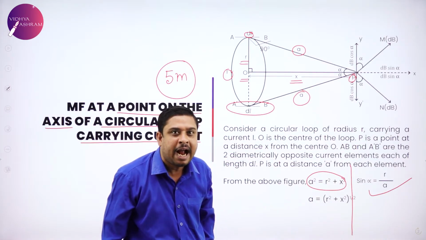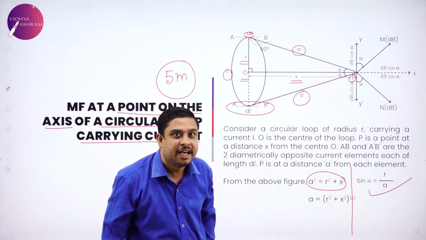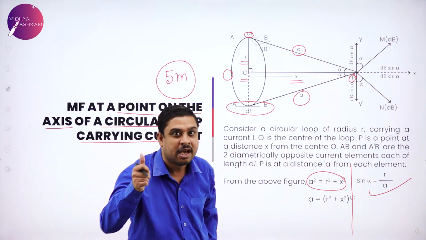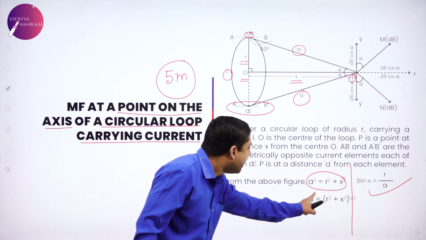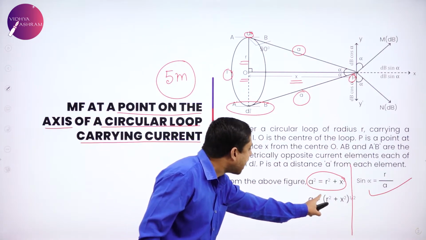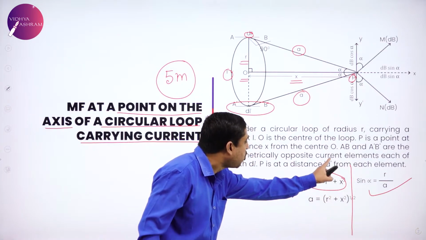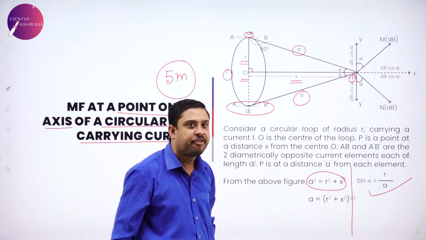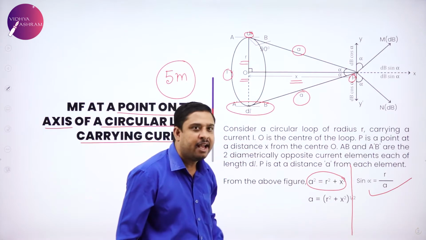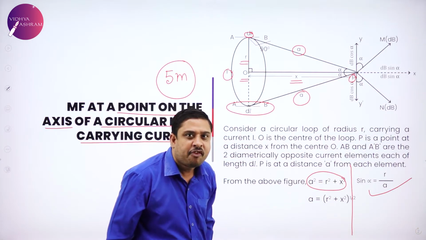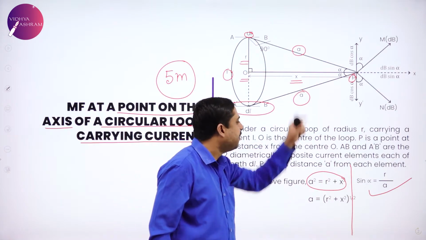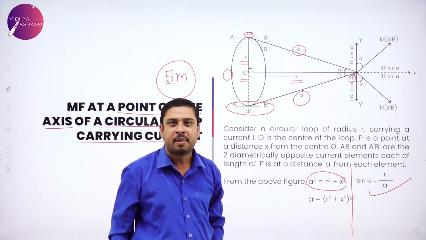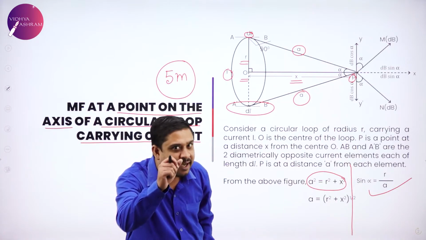Who told that? Our ancestor, Mr. Pythagoras, a strong mathematician. A is therefore (R square plus X square) to the power half. And from the triangle, what is sin alpha? Opposite by hypotenuse, R divided by A. Fine. Shall we proceed? Yes.